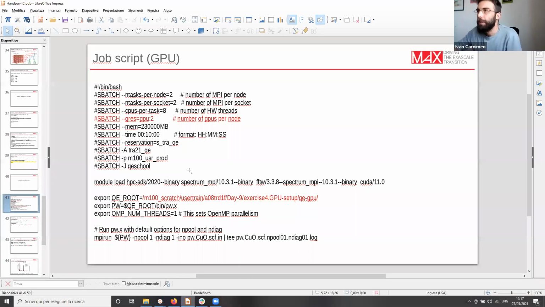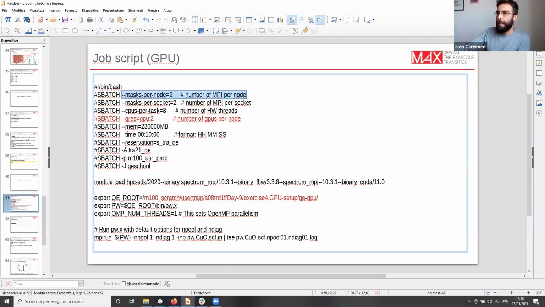You will see again two parts: the batch part where we ask resources for running calculations. So in this case, we are running one node again, but 2 tasks per node, because we are asking 2 GPUs.